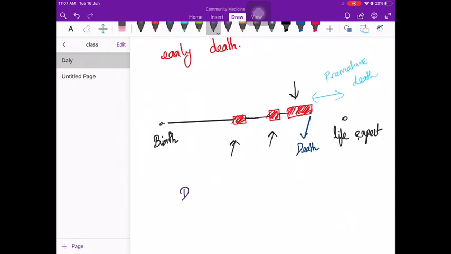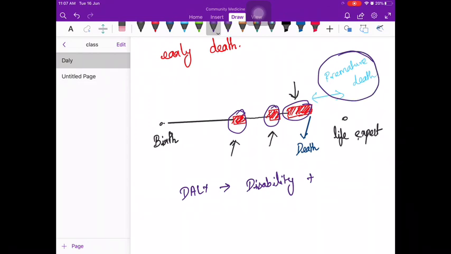So the DALY year is the years lived with disability, that is here, here, we have to calculate the duration of years the person lived with disability along with the years lost due to premature death from his life expectancy.